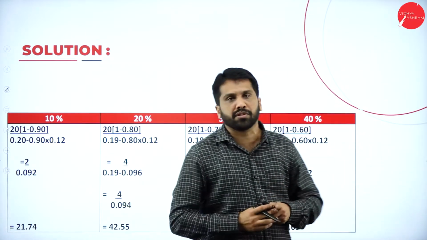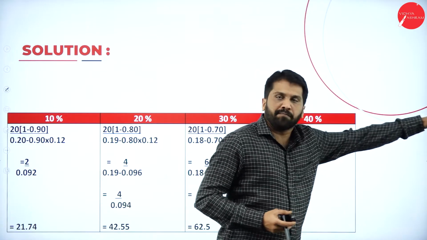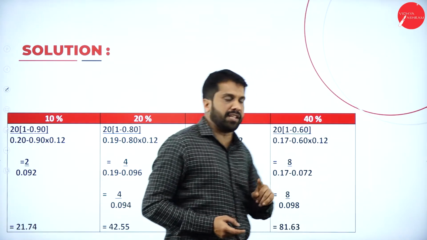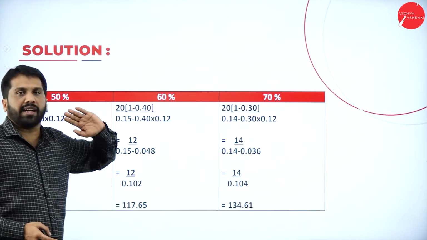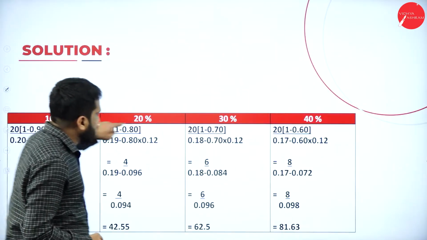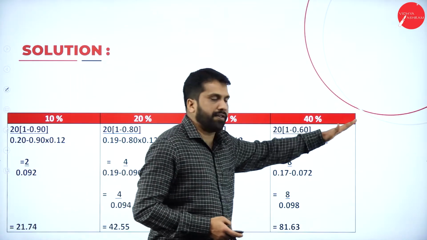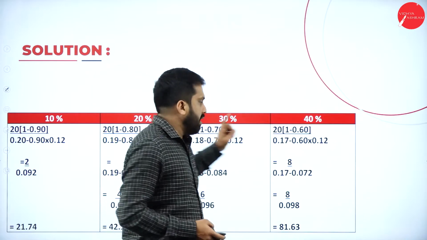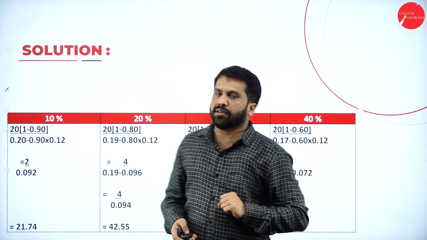What you're supposed to do after 40 is 50, 60, 70. You can do the continuation. 10, 20, 30, 40, 50, 60, 70. In a single row, you can do all 7 calculations.